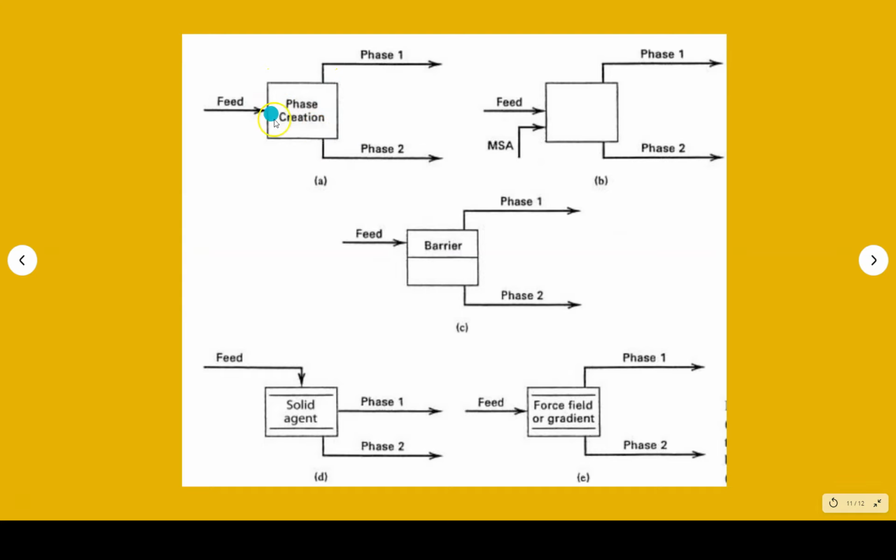As you can see, this is for phase creation. You have your mass separating agent, the barrier separation, the solid agent separation, and also the force field or gradient technique separation. So these different types of separation techniques will be represented differently in your block flow diagram.